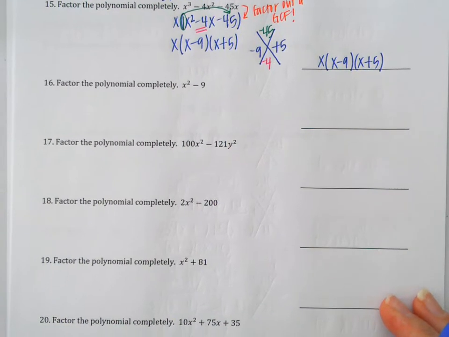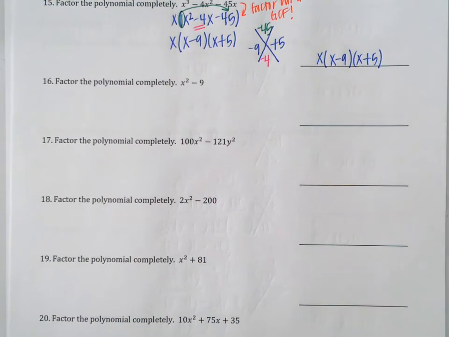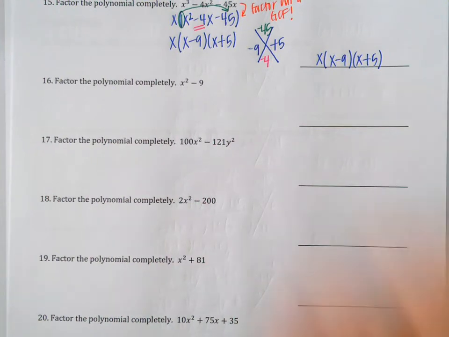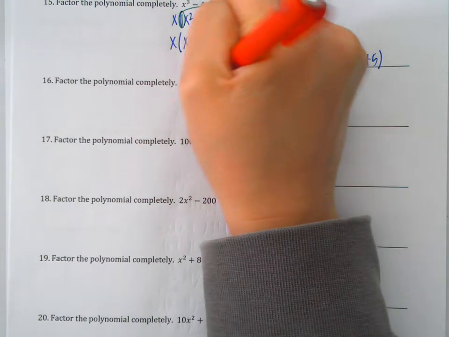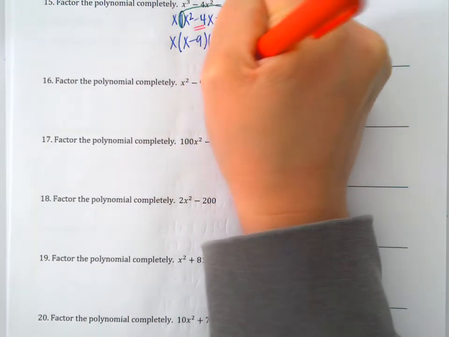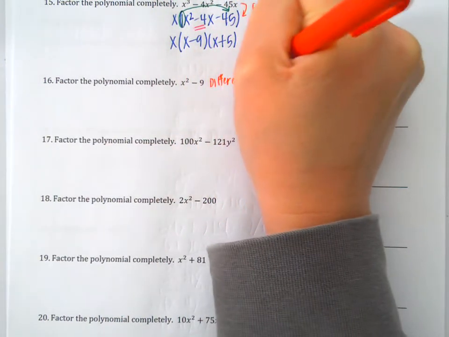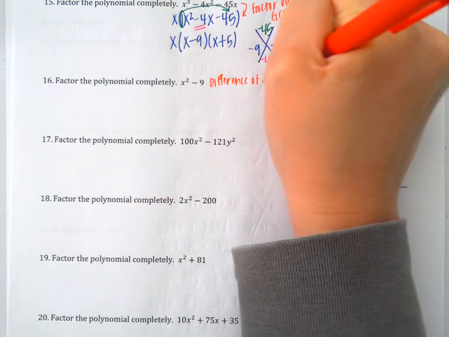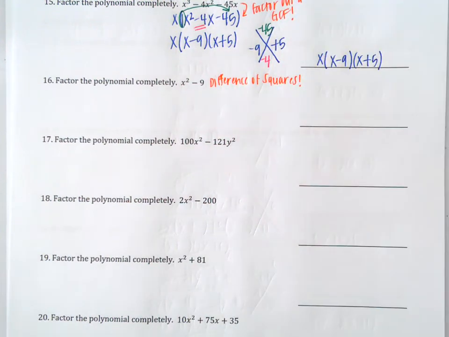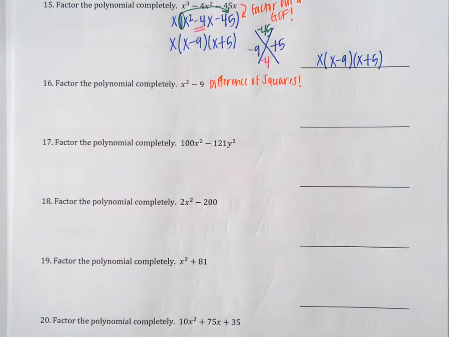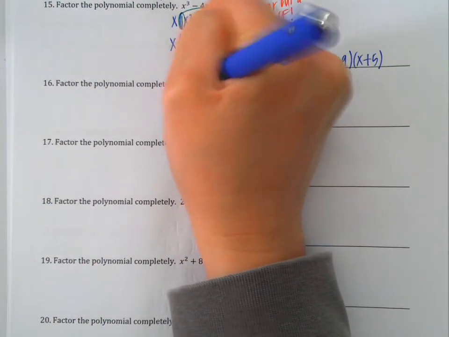Okay, 16. 16 has 2 terms. They are both perfect squares, and they are both subtracting. So this is a difference of squares. Remember, with a difference of squares, we're thinking, what's the square root of x squared? Well, it's x.